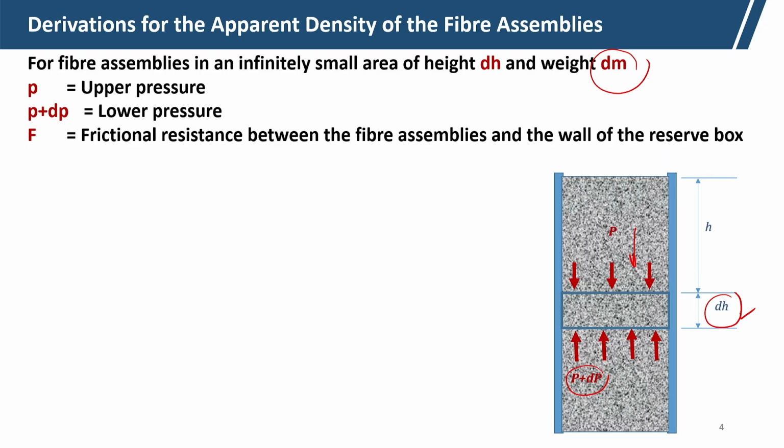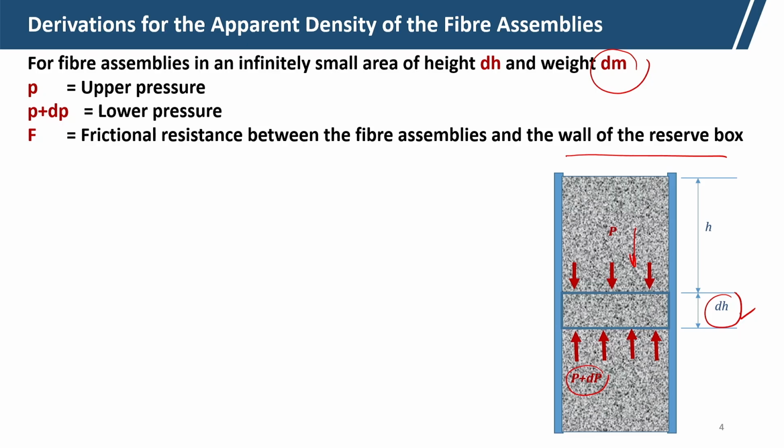F is the frictional resistance between the fiber and the wall of the reserve box, because when we press the material against the wall, the wall will actually exert some frictional resistance.